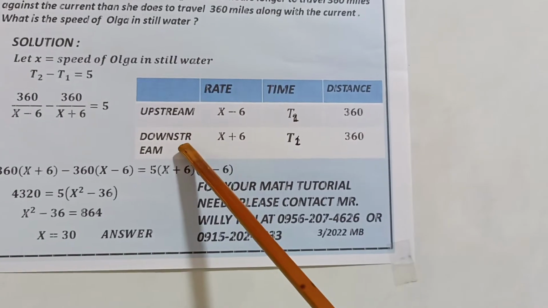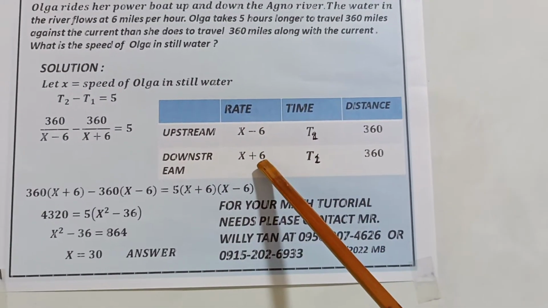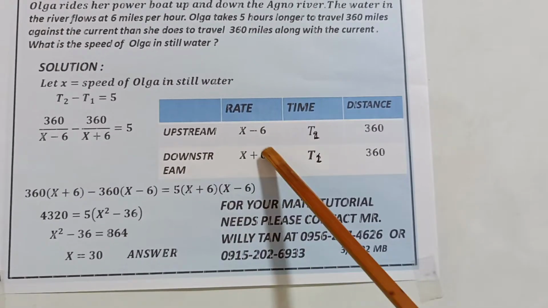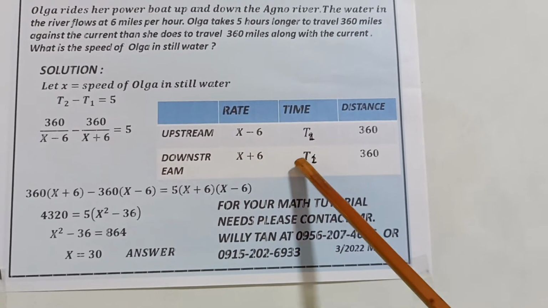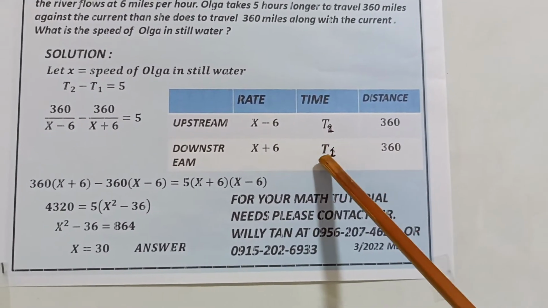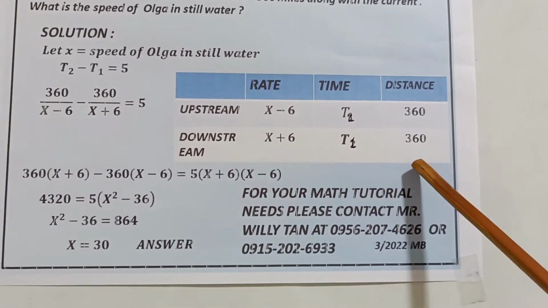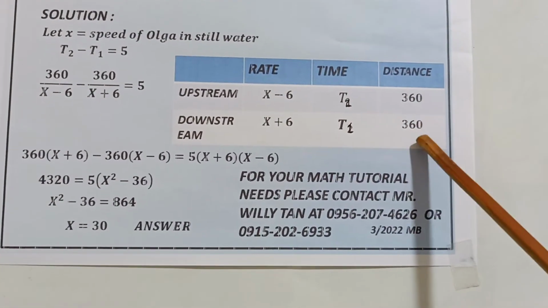For our downstream, x plus 6 will be our rate, that is along with the current, and the time is t sub 1, and the distance is also 360.